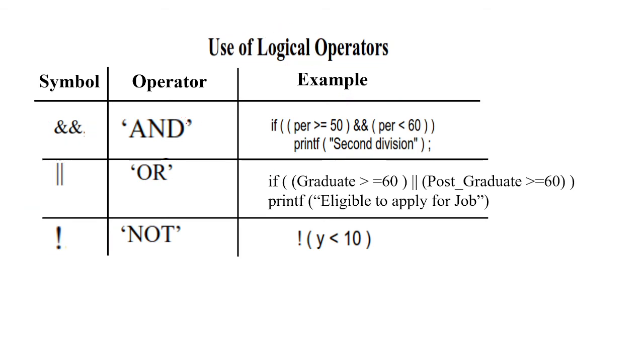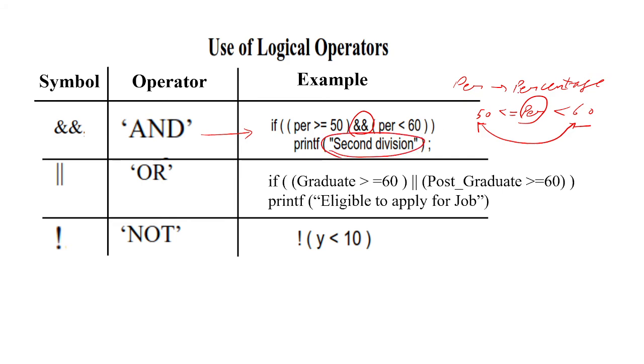So let's take the first example of AND operator. In this example, per is a variable taken for the percentage, and here it is taken that if per is less than 60 and greater than or equal to 50, means if per lies between 50 and 60, then there is a second division.